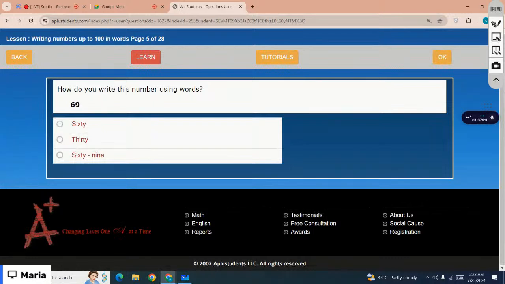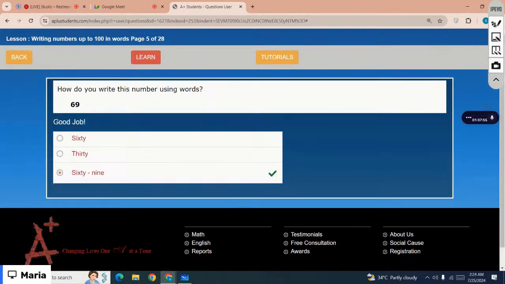How do you write this number using words? 69. So which is the correct option? Yes, 69 it is. Option number 3 is the correct option.